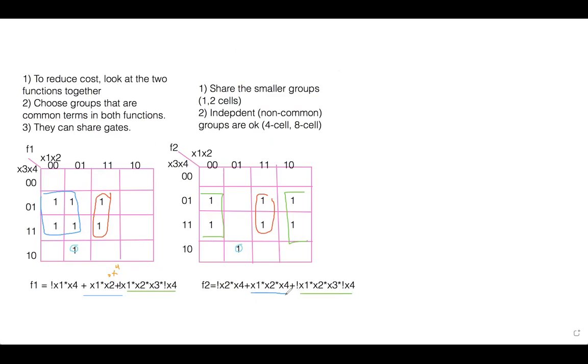And now we're going to put the common terms. So since they can be shared, let's count the amount of gates that are used in here. So in this term, I'm going to point out all the gates. We have one large OR gate here that is putting the 3 minterms, so this term here, and this term too, ORing them all together.